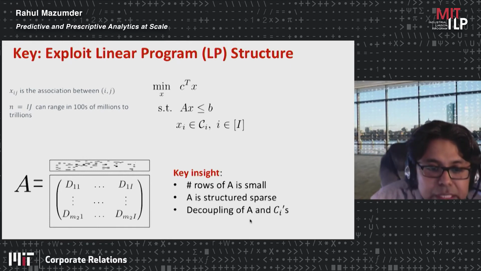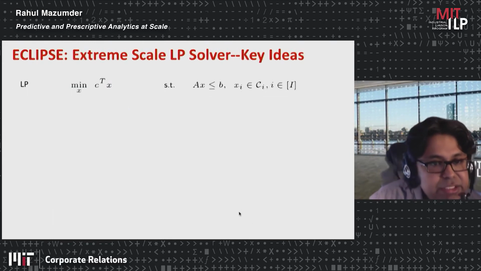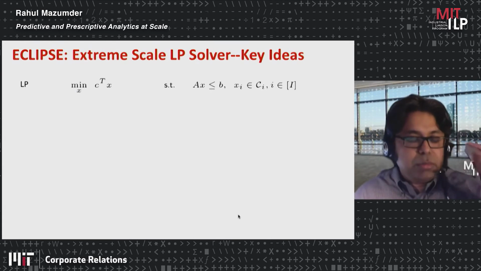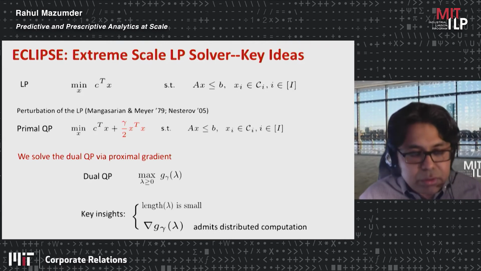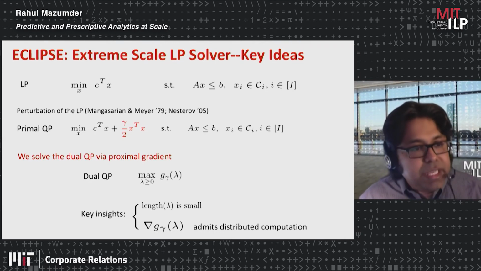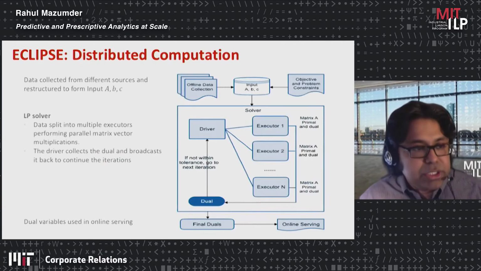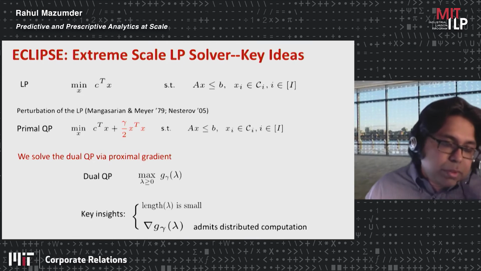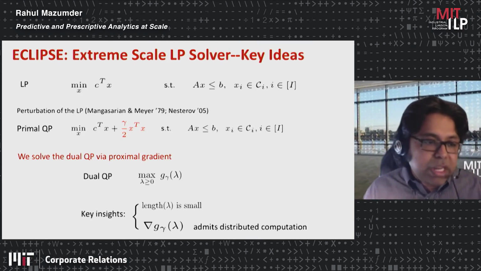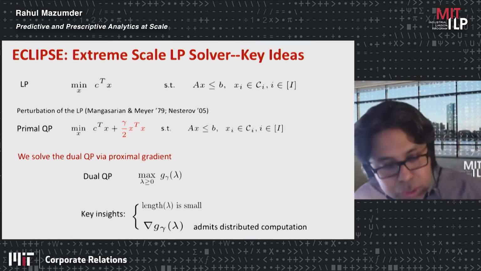The other part is decoupling the A's and the C's. I'll not have much time to talk about how the algorithm works, so I'll quickly move over this. Basically, we use an old idea from optimization, and it says we have the LP. Instead of solving the LP, let's solve a perturbed version of the LP. When we solve the perturbed version, we are actually dualizing it, and then the dual is smooth.